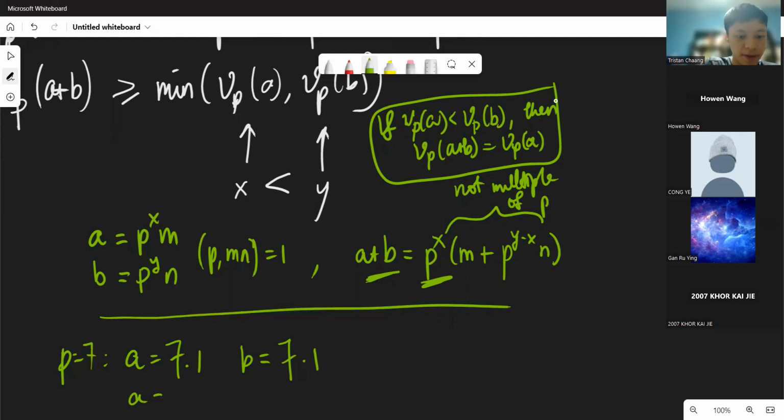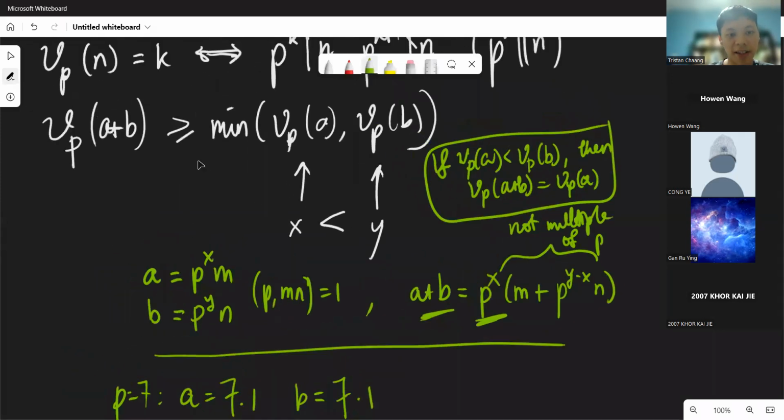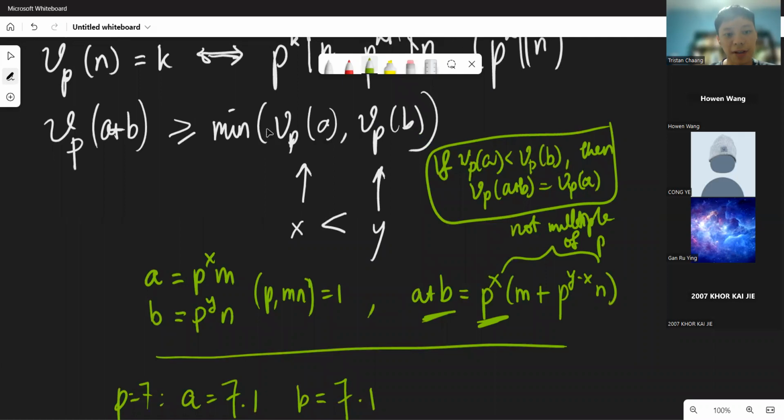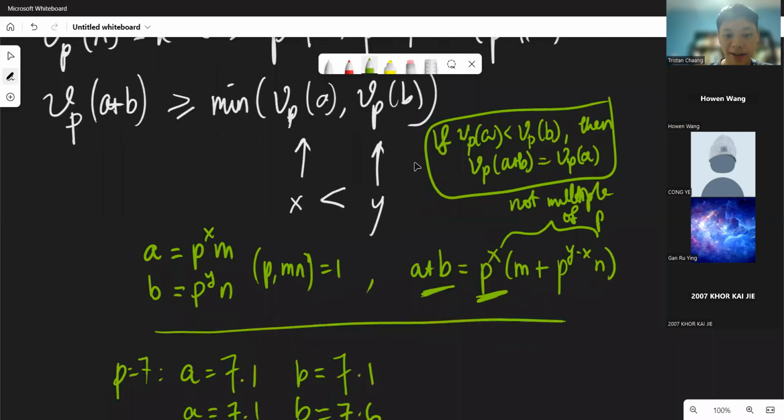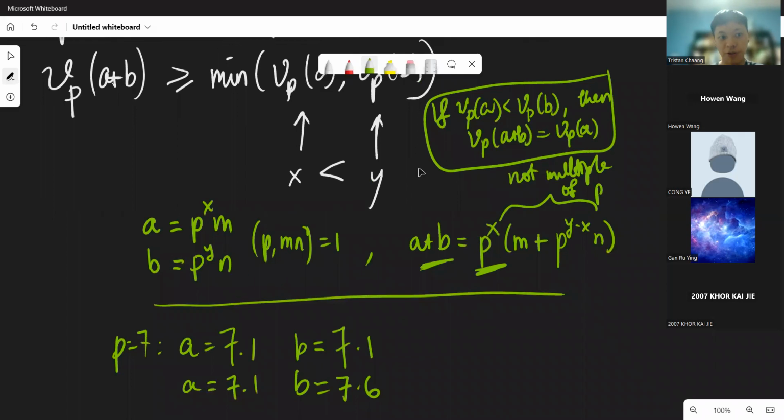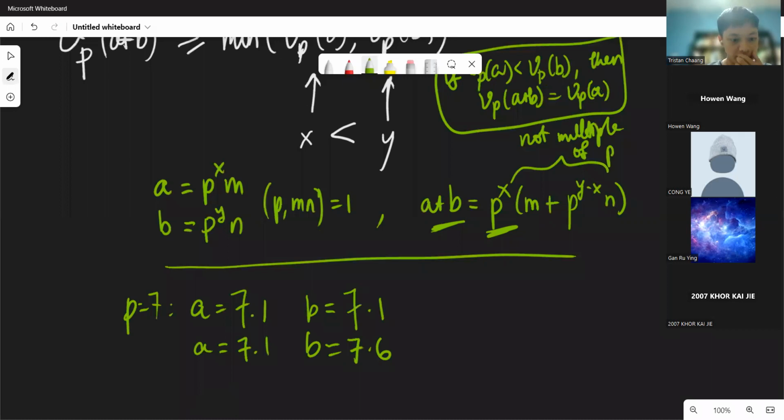But if a is 7 times 1, b is 7 times 6, then the VP of a plus b suddenly is 2. So you cannot really say anything if the VP of a and the VP of b are the same. There are quite a few possibilities. In fact, it can achieve any number greater than the minimum of VP of a and VP of b, if you choose your numbers a and b correctly. Right? Okay.